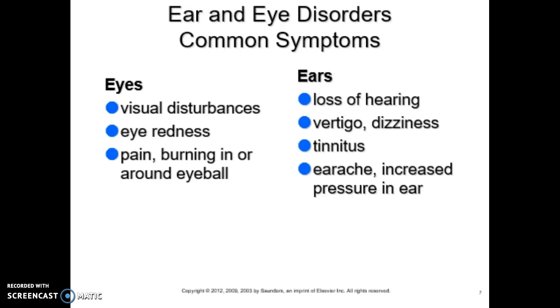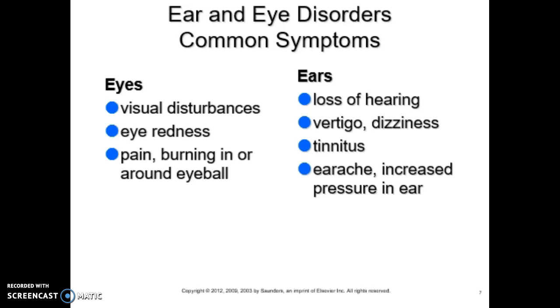So it's important to pay attention to some common eye disorders and symptoms. A medical assistant will pick up on them and evaluate the importance of passing this information on to the physician or the nurse practitioner or whoever is going to be seeing the patient.